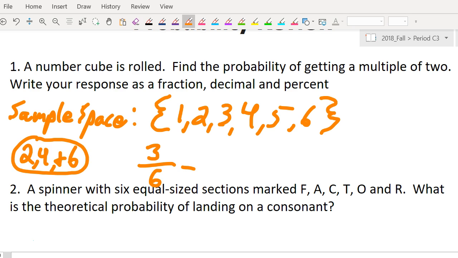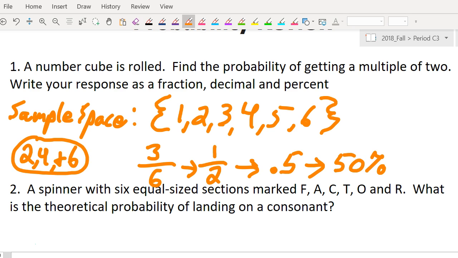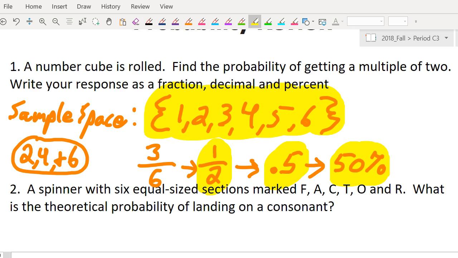Now we do reduce to 1/2, and therefore fraction, decimal is 0.5, and then percent is 50%. All right, so fraction, decimal, and percent, and sample space, if I ask you for it. If I asked you for sample space, I would give 4 different points on this.